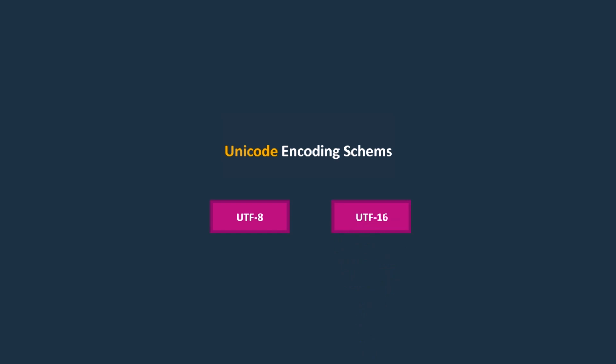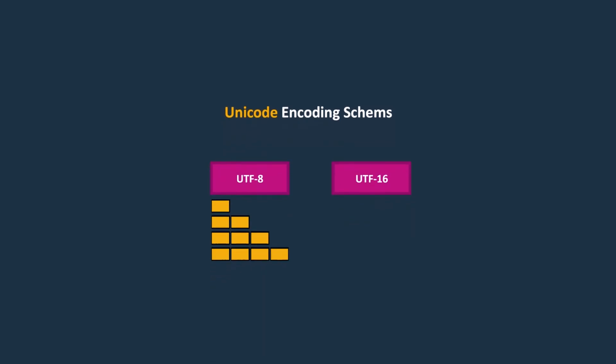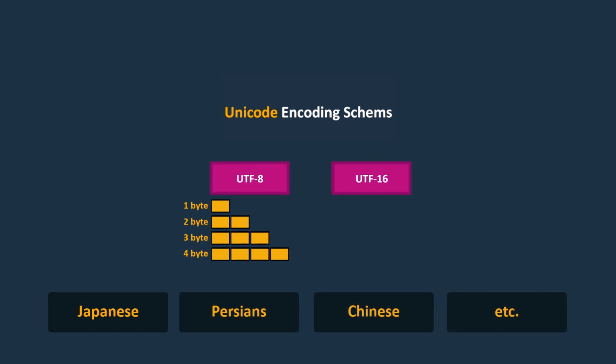UTF-8 is a widely used Unicode scheme that uses 1 to 4 bytes to represent characters. This means that it can represent most languages and scripts, including those with non-Latin alphabets such as Japanese, Persian, Chinese, etc. In simple words, UTF-8 makes sure that you can store, process, and display textual data from any language or script using minimal space without losing information.